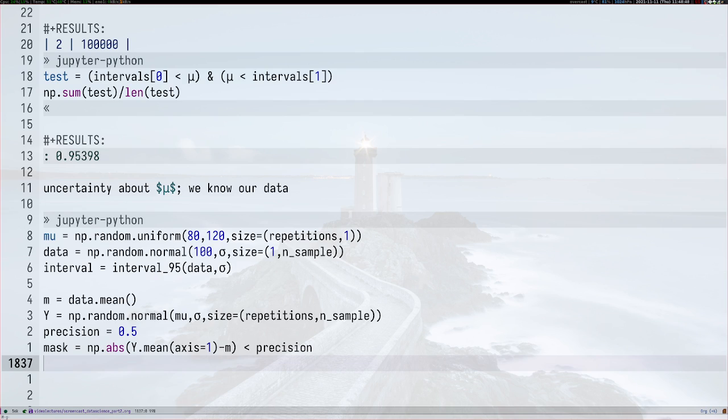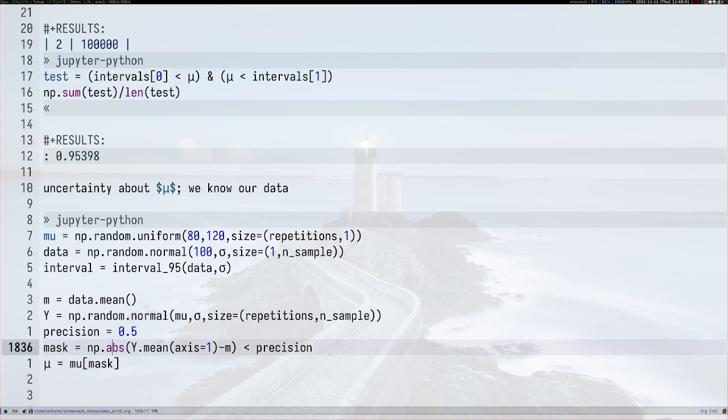Yeah, so now we say that the mu's that we're interested in come from the vector of mu's that we defined here, which actually satisfy the criterion in the mask that the outcome of the draw, so the sample that we draw from this mu, is very close to the sample that we actually have.